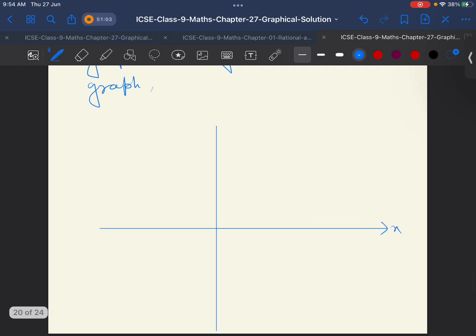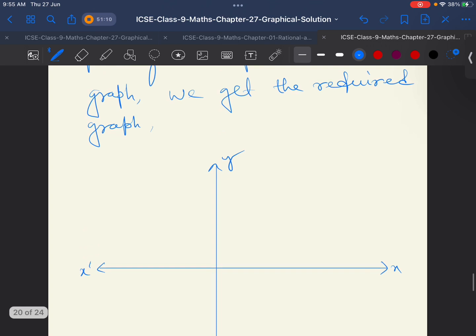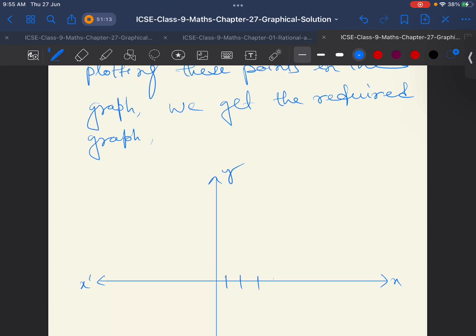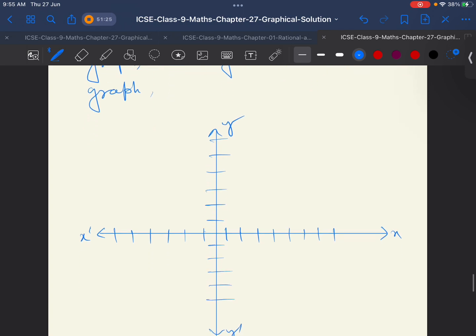We draw the x-axis and y-axis, X dash, Y dash. So now we plot. Two, 4, 6, 8, 10, 12, and so on.